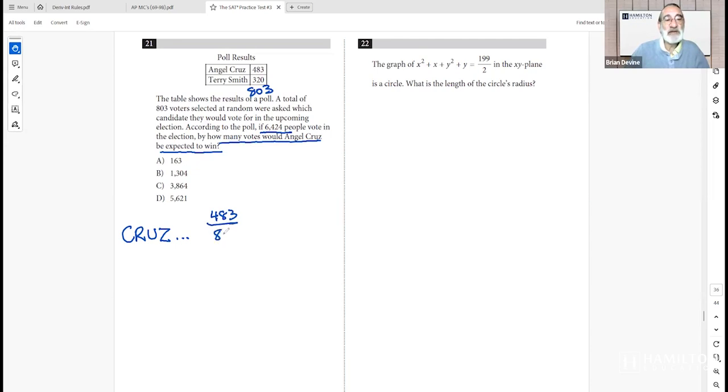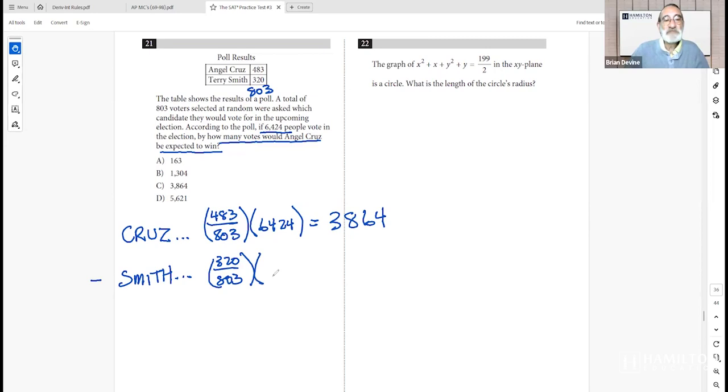483 out of 803. And if we take that fraction and multiply it by 6,424, we're going to get 3,864. And if we take Smith away from that, and Smith then is going to be 320 over 803 times 6424, that's going to be 2560.